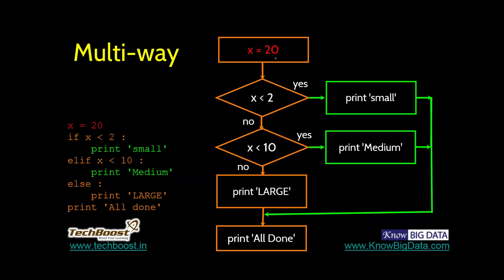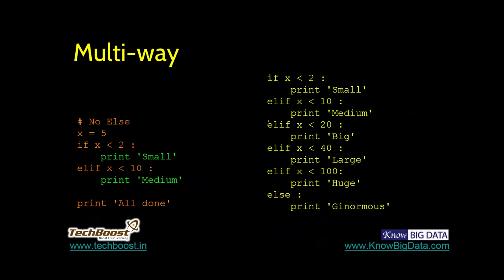Last, if x is 20, it neither executes this nor this. It goes to the else as the last resort, executes this, and goes to this unconditional execution. All right, I hope this is clear.